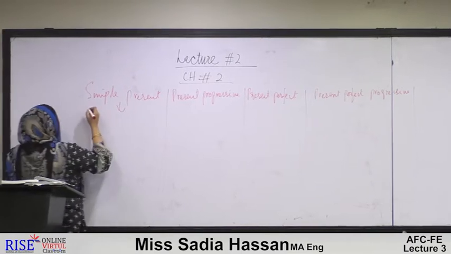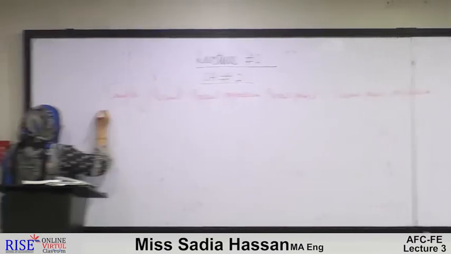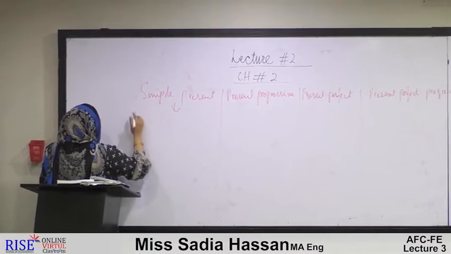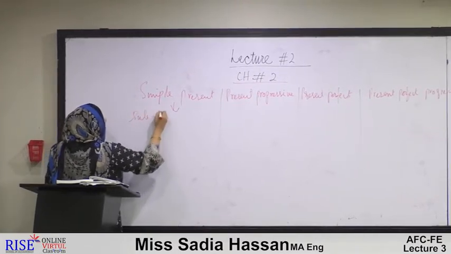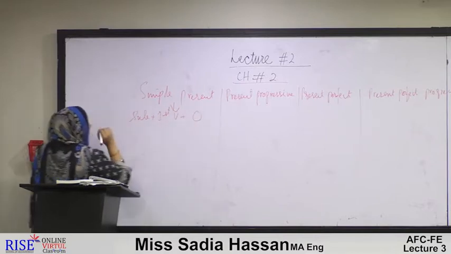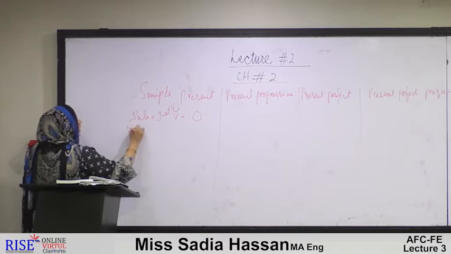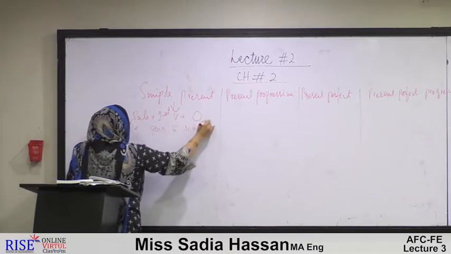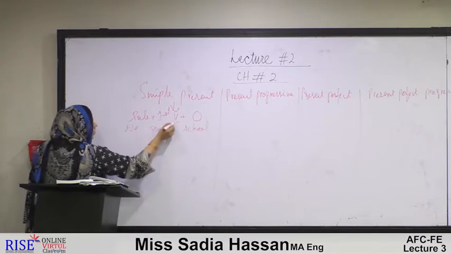Number one, simple present. It uses subject plus first verb form and object. He goes to school. This is the first form of the verb.